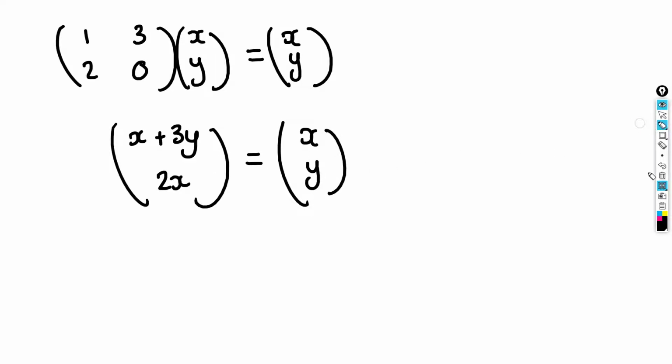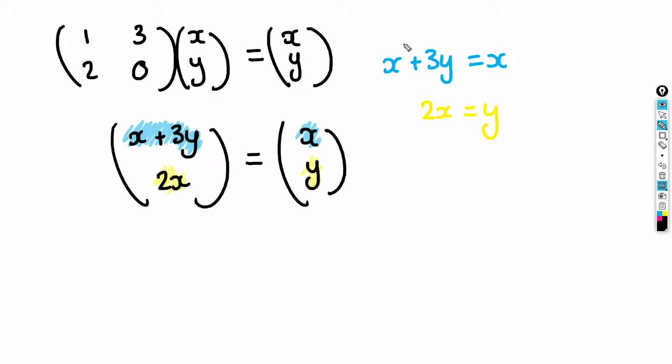And I'm going to attempt to match terms up. So I'm going to look at the top terms, and I'm going to look at the bottom terms, and I'm going to get this. The top bit says x plus 3y equals x. And the other line says 2x equals y.